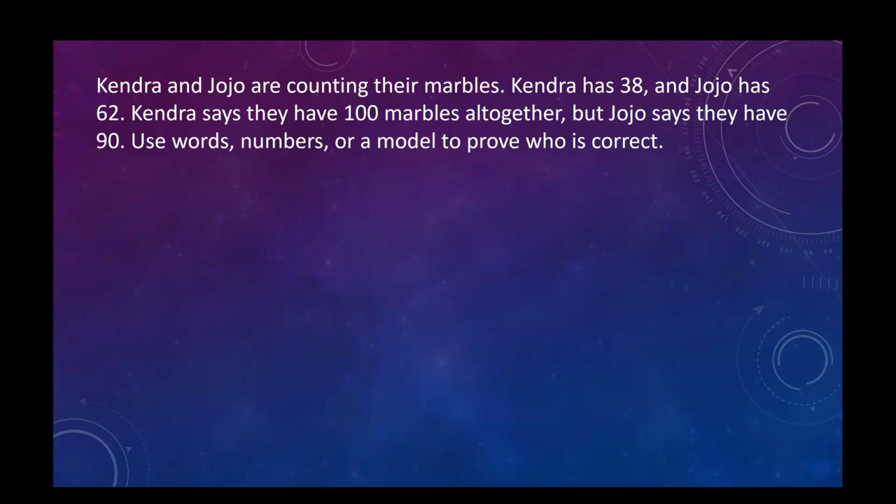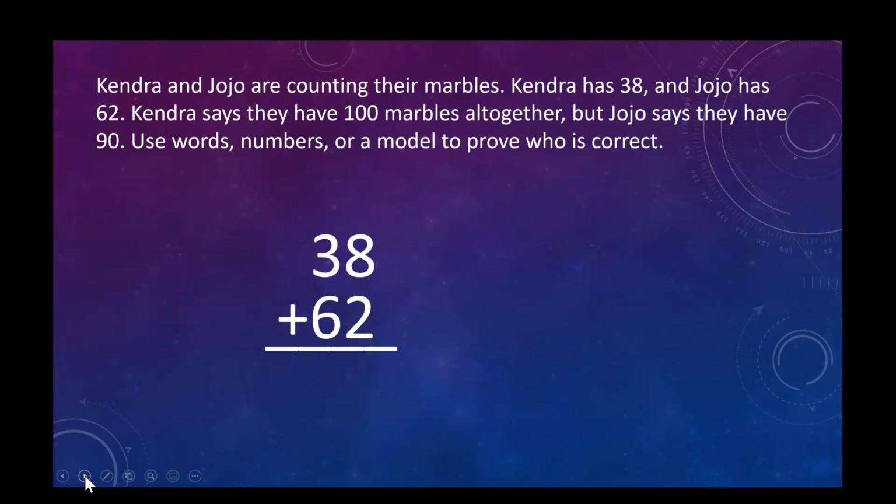Alright, so to prove this, I used numbers. And what I did was I took the 38 marbles that Kendra had and the 62 marbles that JoJo had, and I added them together.